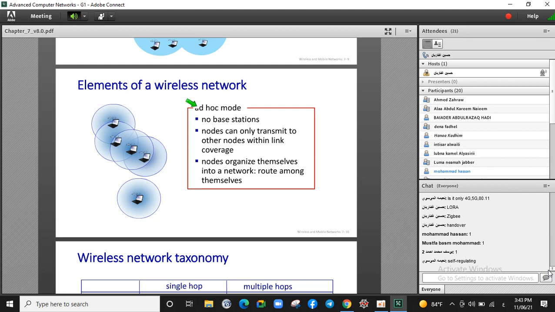For example, we have some UAVs in the air, some jet fighters, some tanks on the ground, some soldiers, some military trucks, and something like that. Okay, some AWACS in the sky, and they can communicate together while they are moving around. So they create an ad hoc mode wireless network to communicate together.